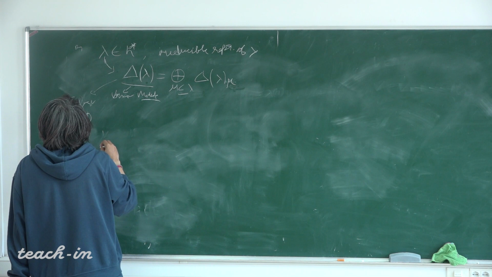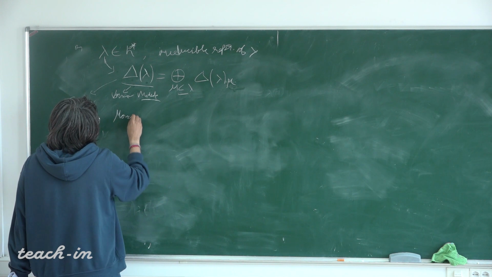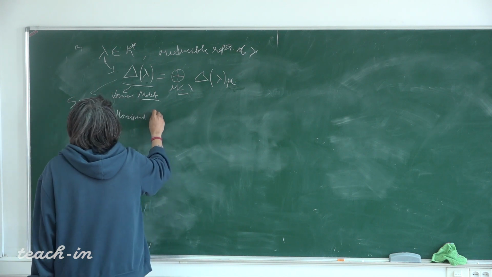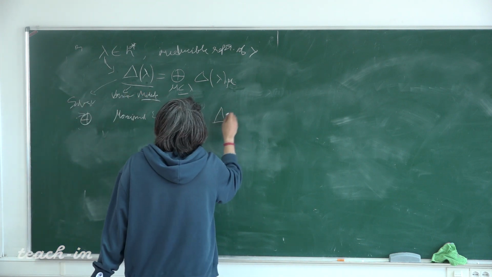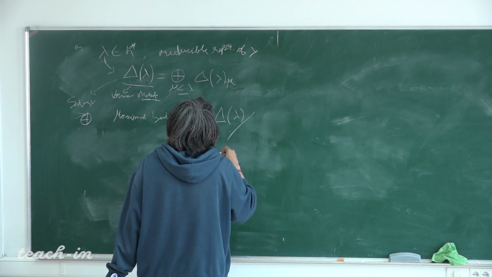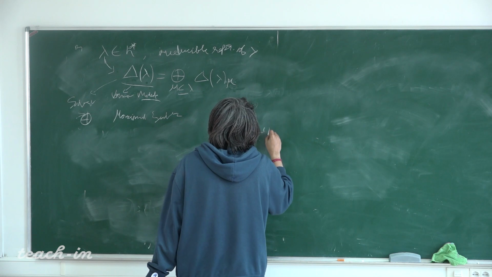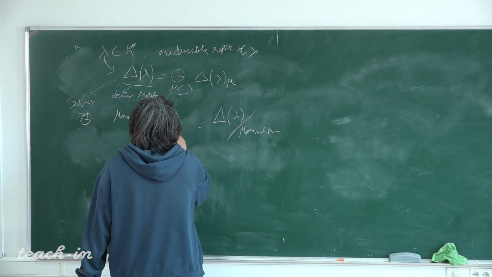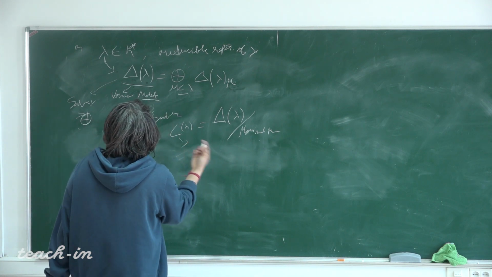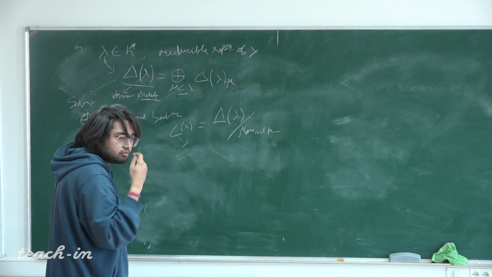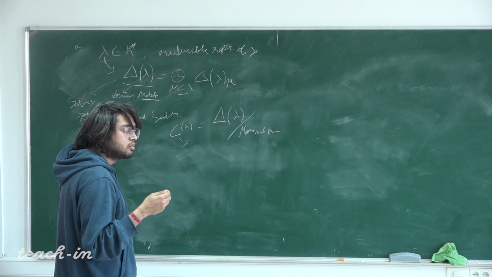So we need to find the maximal submodule of this, and if we quotient by this maximal module, then I think it should be the maximal submodule which does not contain the singular vector, the highest weight vector.